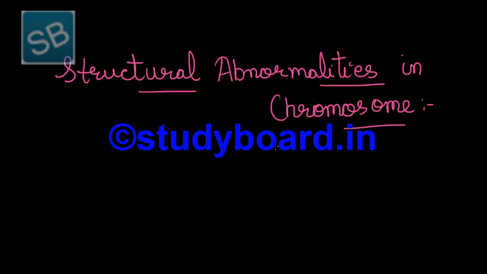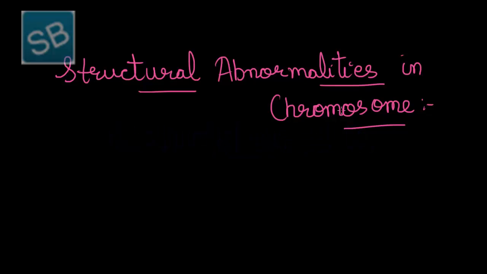After studying about numerical mutation, there comes another most important type of mutation, that is structural abnormalities in chromosome. Now, such an abnormality, whether in structure or number, is defined as chromosomal aberration.